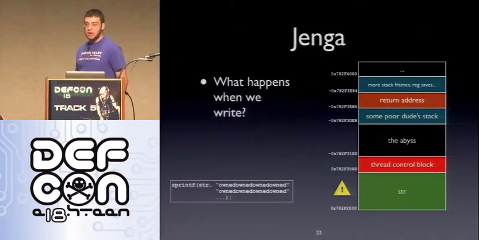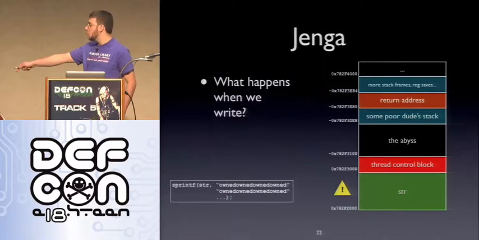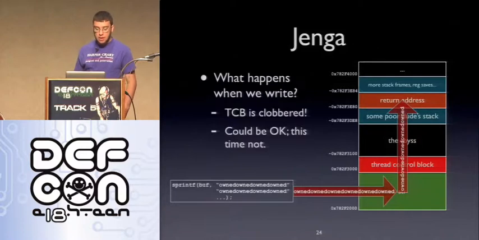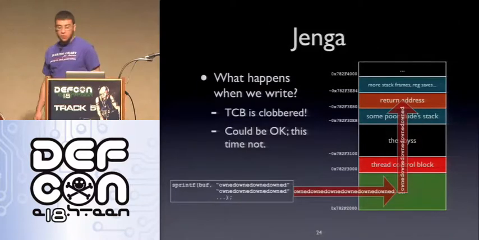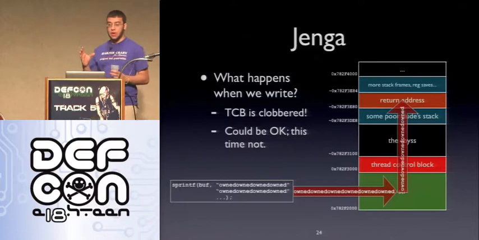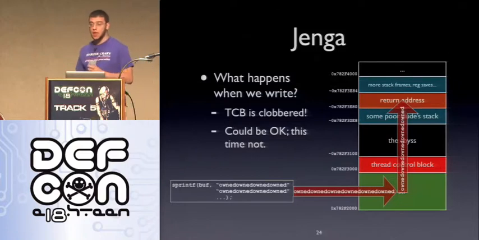So we have our sprintf. This is a simplified sprintf, and it's got all of our text, and it's going to go from the string up. In order to get to that return address, we've got to hit the thread control block. Whenever we write, the thread control block is clobbered. This isn't the end of the world, and here's why not.